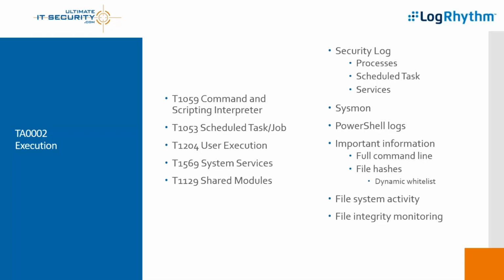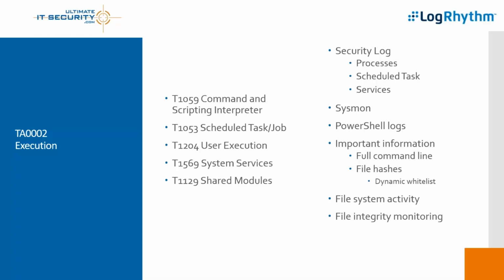Now, most of these techniques have sub-techniques, and it gets very specific, and there's always new ones being added. But this is a great opportunity for us to be listening to what's happening on our systems. We are talking about a lot of data and a lot of different systems, but just think, if we are watching the processes being executed, that's security log event ID 4688.